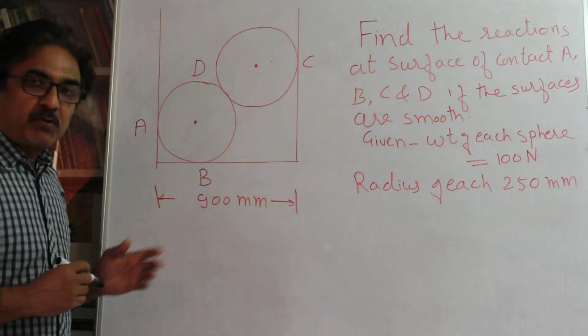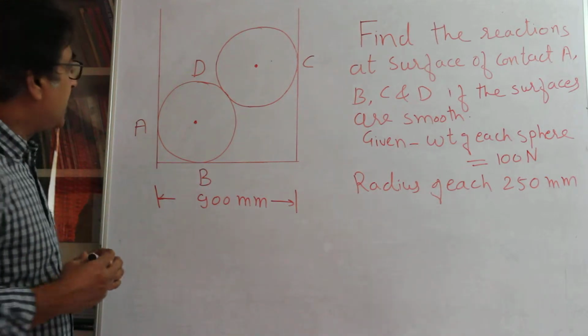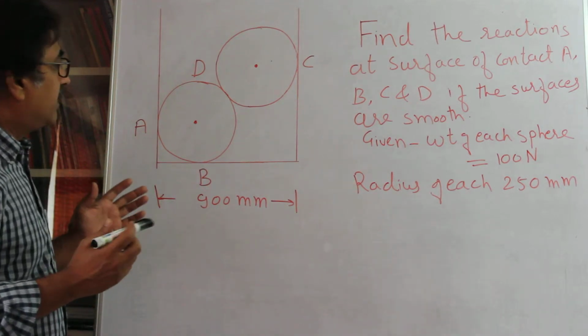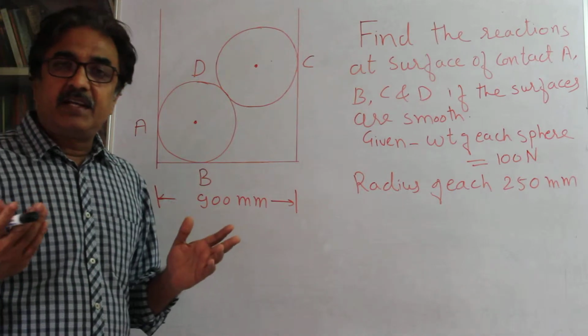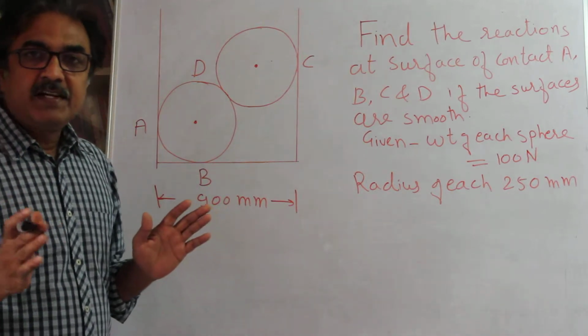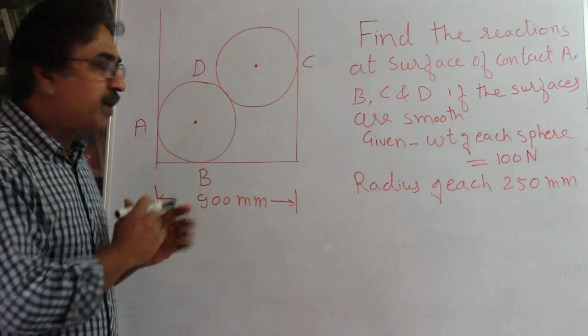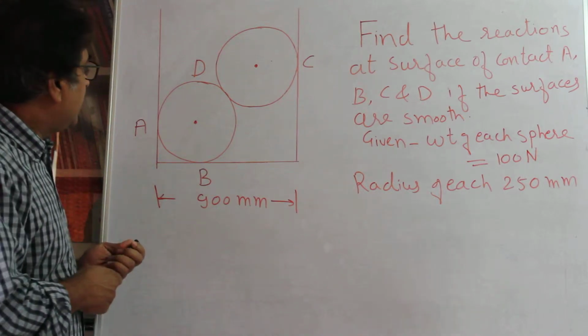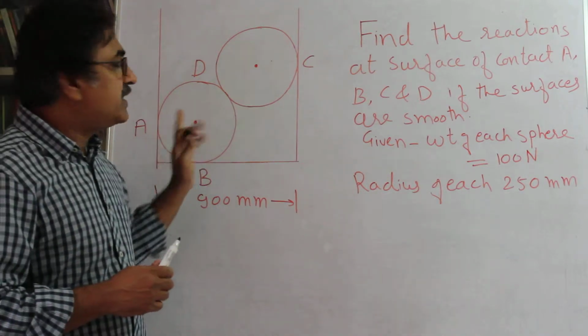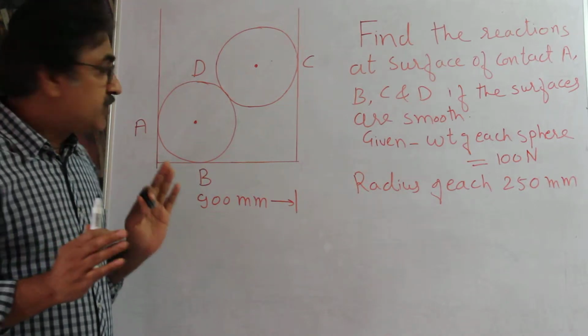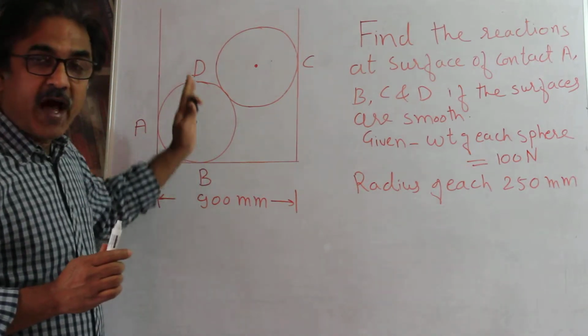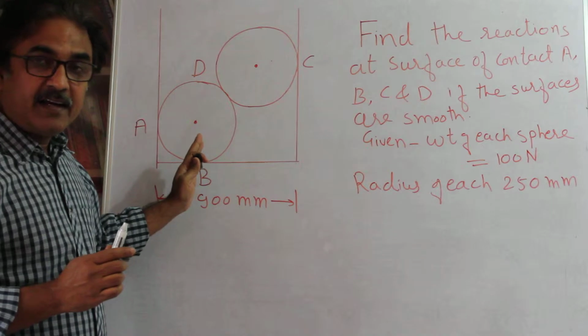Okay, so how do we proceed? We can first draw the free body diagram. Essentially, it means that we will identify the forces and represent them on the body. We can see here that these two bodies have got weight. The weight is going to act downward, right?